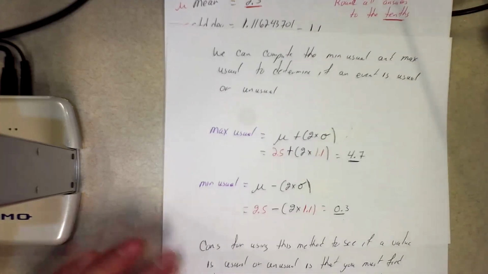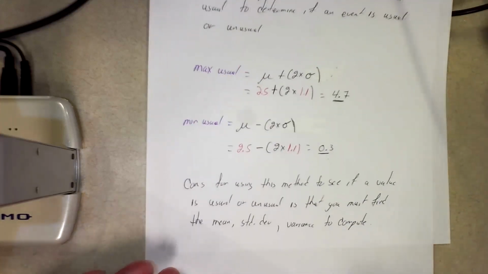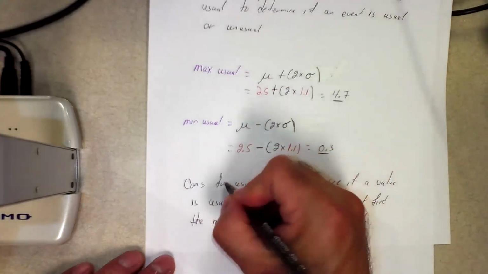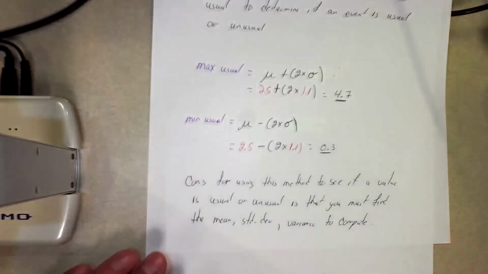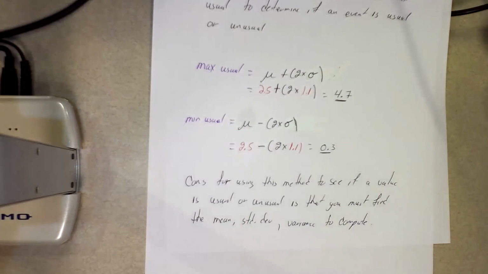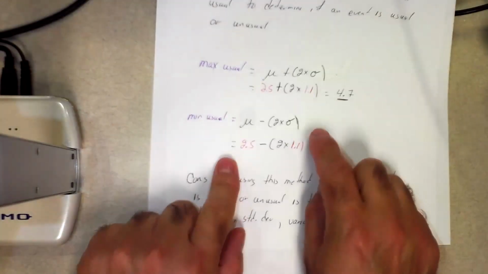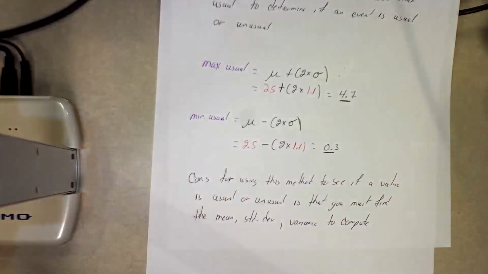It's tedious, very tedious. That's the con for using this method. Right now, there is an alternative to finding whether things are usual and unusual instead of having to do this concept. And I will show you.